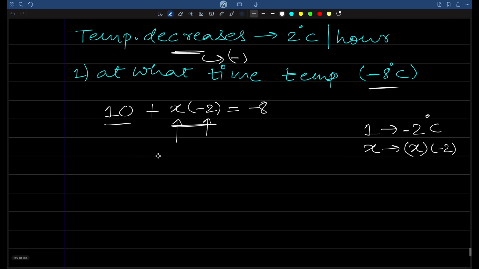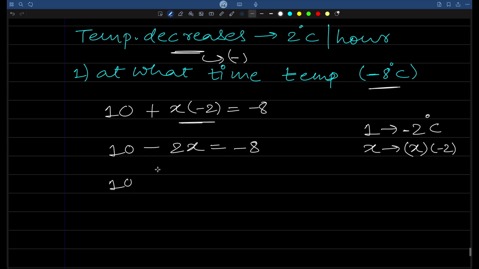So let us find the x. 10 plus into minus is minus, and 2 into x is 2x, that is equal to minus 8. Send 2x to the right hand side and minus 8 to the left hand side. We get minus 8 into plus 8, and we will get minus 2x.